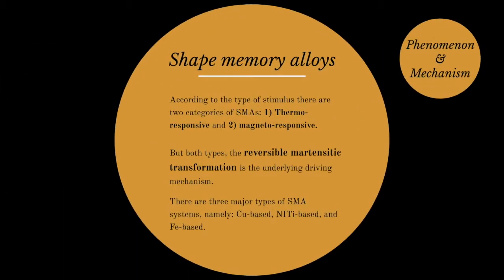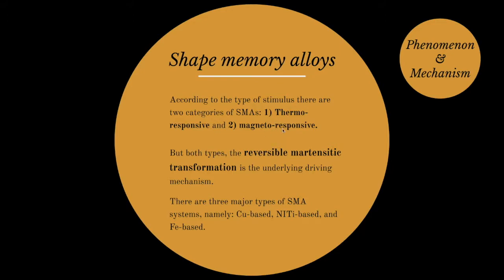So we start with the shape memory alloys. In general, there are two categories: thermal and magnetic. The first uses heat as the stimulus, and the second uses magnetic fields.